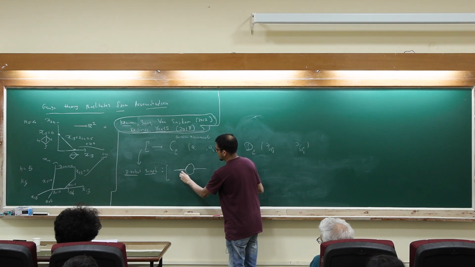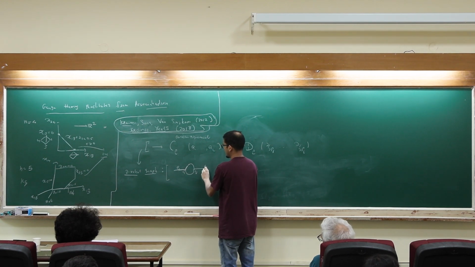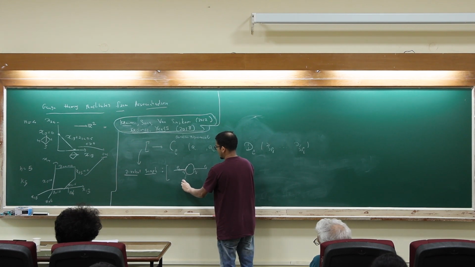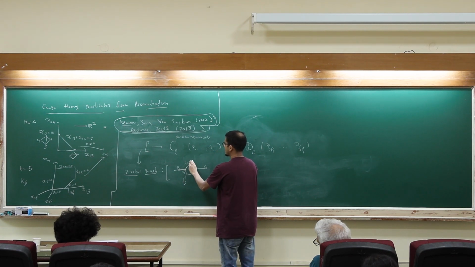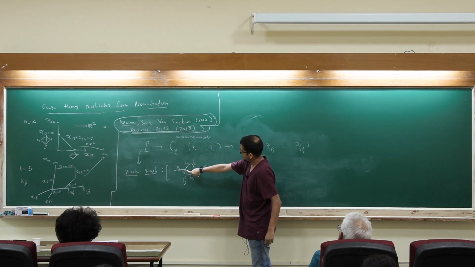So you call this V1 and call this V2. Let's call this edge E1, let's call this edge E2, and let's call this edge E3. I'm going to call these half edges H3, H4, H5 and H6. So H4, H3 are half edges because they are incident on V1.